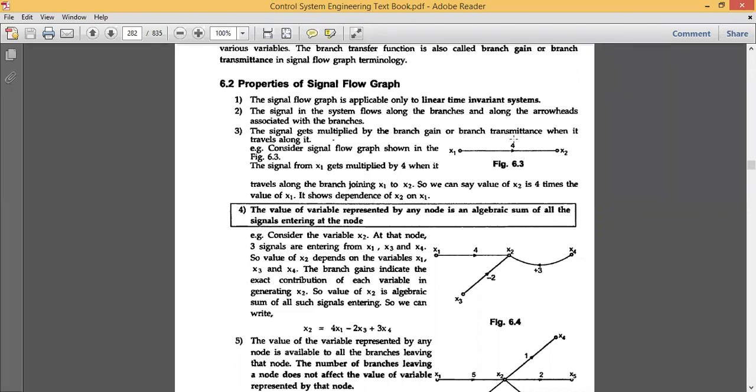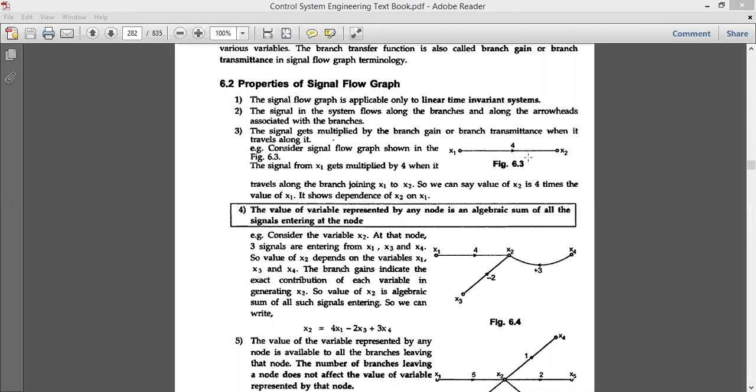So always remember that the value written between two nodes represents the branch gain, or branch transmittance. It is calculated simply by multiplication.